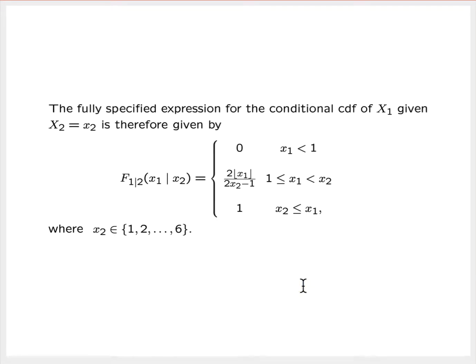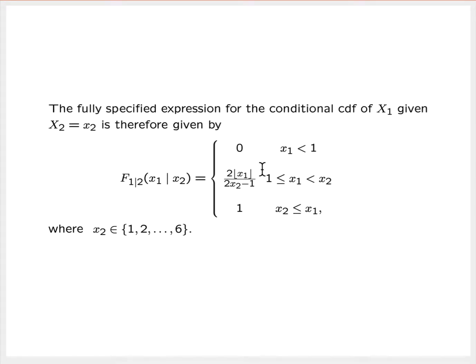So if we combine these three results on the last two slides, we get the fully specified expression for the conditional CDF of x1 given x2, given by this piecewise defined function. It's 0 if x1 is less than 1. It's 1 if x1 is greater than or equal to x2.